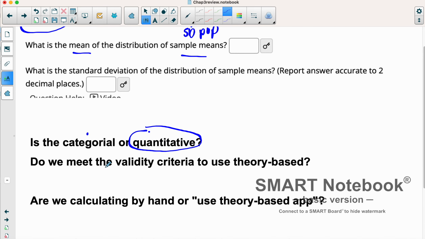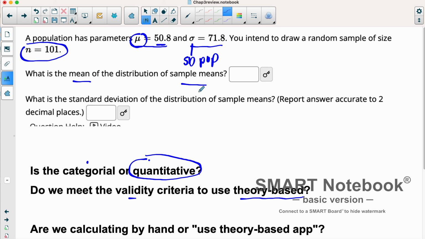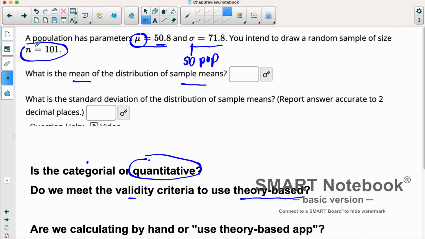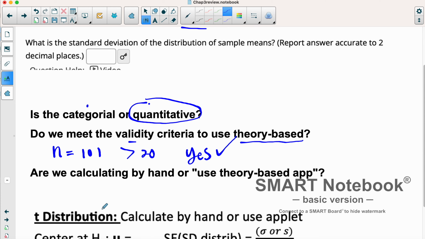All right, do we meet the validity criteria to use the theory-based approach? Given we have quantitative data, if you use this as your reference sheet, this is what we need to meet. Is n greater than 20 and not skewed? Well, n is equal to 101, which is greater than 20, so yes, we can use a theory-based approach.